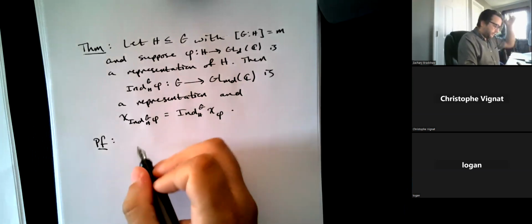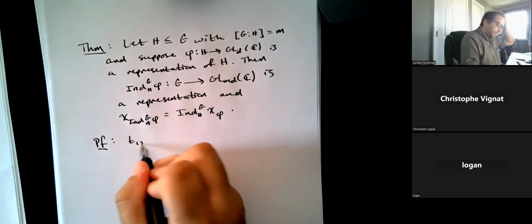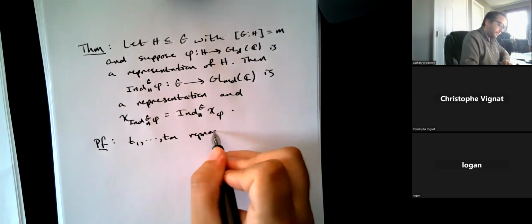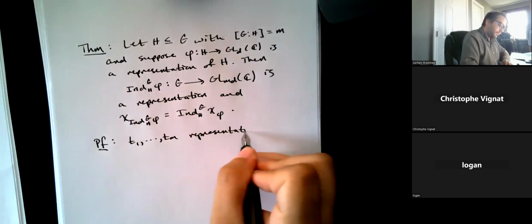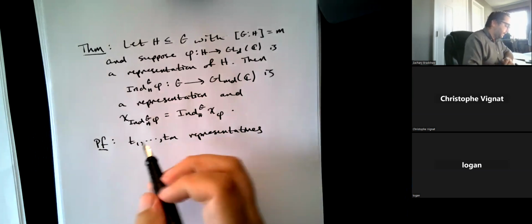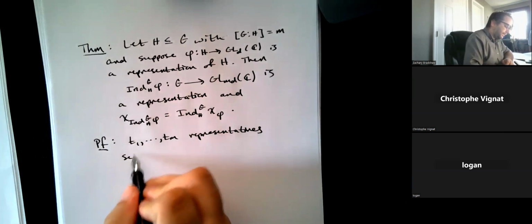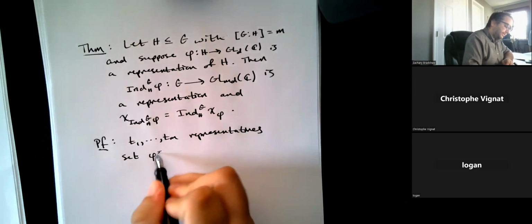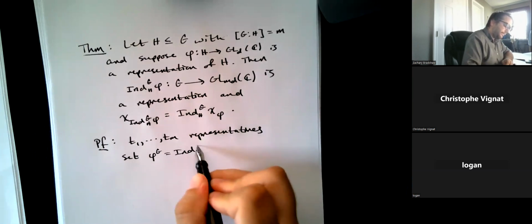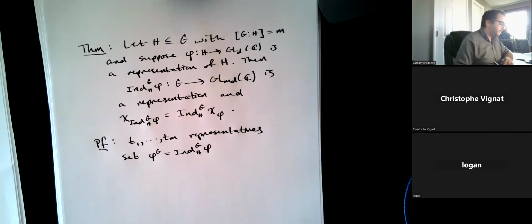Okay, so here's the proof. So again, t_1 through t_m are representatives of the cosets of H in G, and we're going to set phi^G to be, again, the induced map. There's a reminder of notation. And we're going to start by showing that phi^G is a representation.